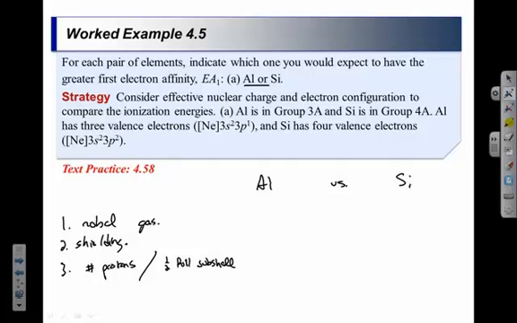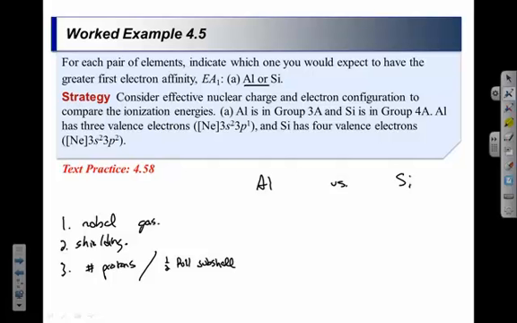No. It's not correct to say silicon has a higher electron affinity than aluminum because silicon's closer to a noble gas, and it will make it closer to a noble gas configuration if it picks up an electron. That's not a factor there. You can't make that argument, because it's not going to make a noble gas configuration for either of those. Picking up one electron, the noble gas configuration is not a factor. So we can't use that argument. So we have to go to the next argument.